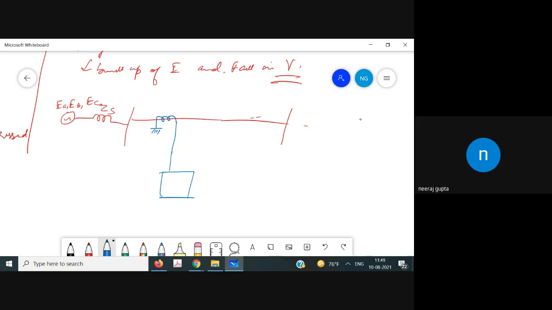We are getting the information from the CT, and this is the PT. From the CT we get the currents IA, IB, and IC, and from the PT we get the voltages VA, VB, and VC. And this relay gives the signal to the circuit breaker.